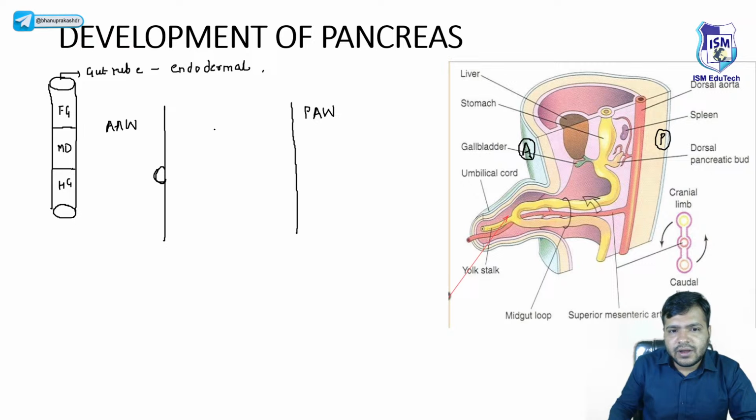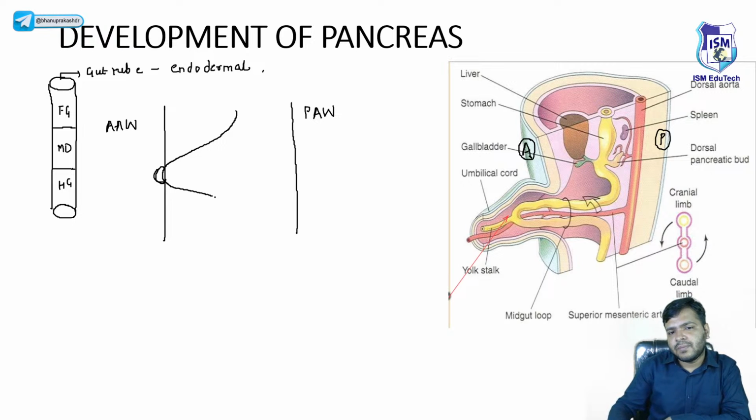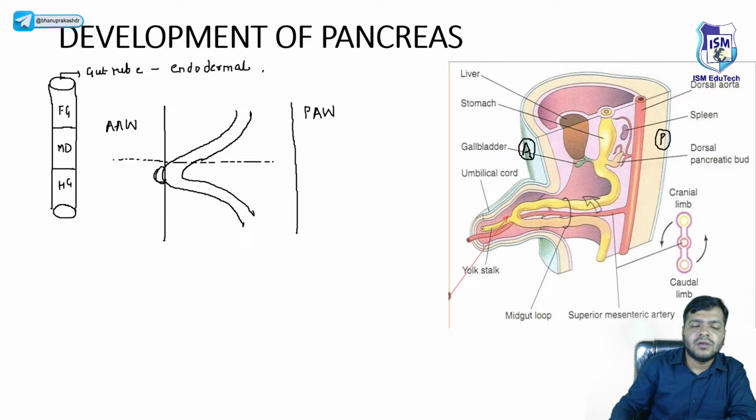So you already know that this is the foregut, right? Let us assume till here we have the foregut. The upper part is the foregut, and below that the midgut starts.